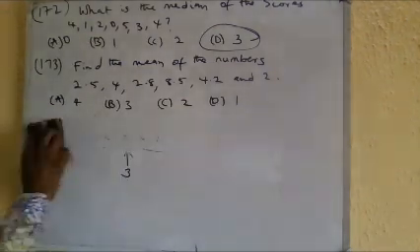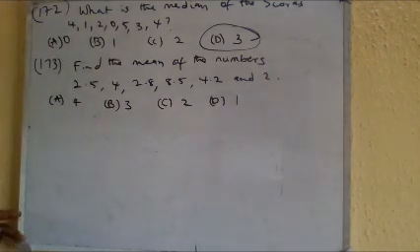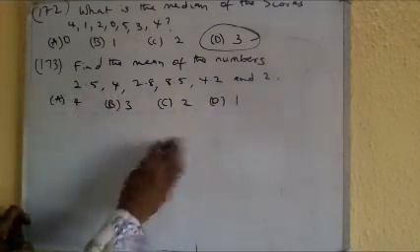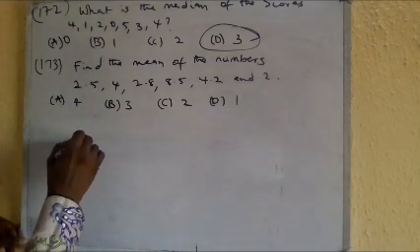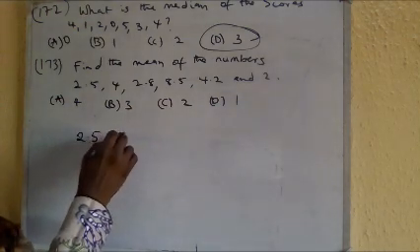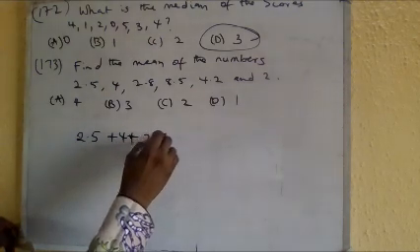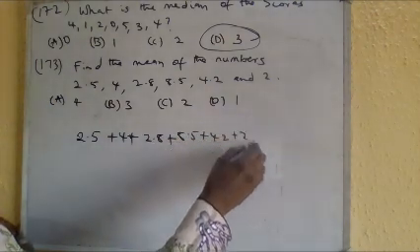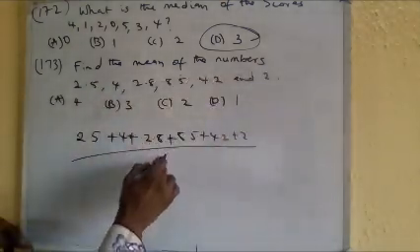For question number 173, it says find the mean of the following numbers. So mean is you add up these and divide by the number of items. So 2.5 plus 4 plus 2.8 plus 8.5 plus 4.2 plus 2, all over 1, 2, 3, 4, 5, 6, six of them here.